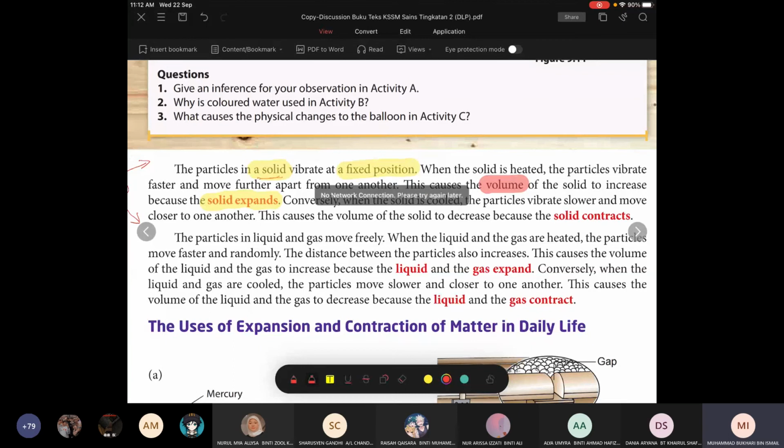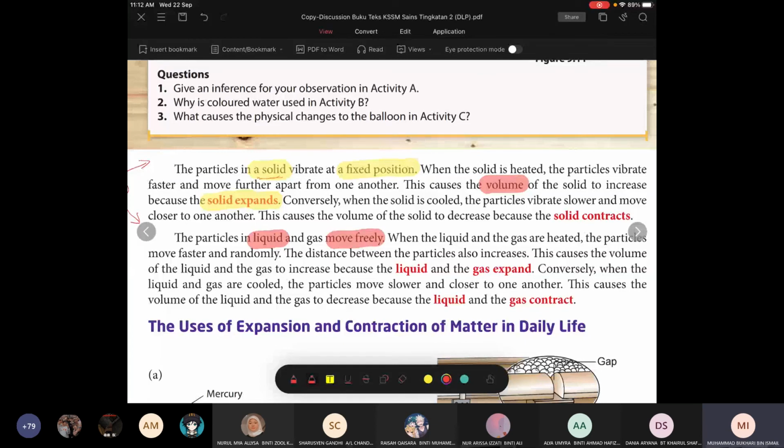Okay, now let us go back to the case of liquid. In the case of liquid, the position of the particles is not fixed. It moves freely. When the liquid and the gas are heated, the particles move faster and randomly.